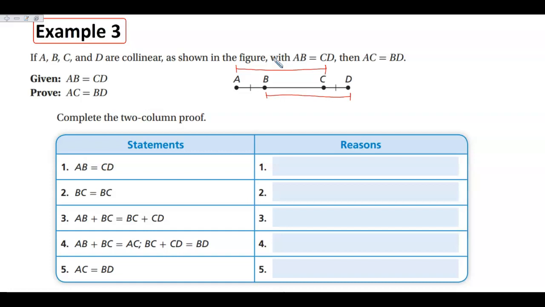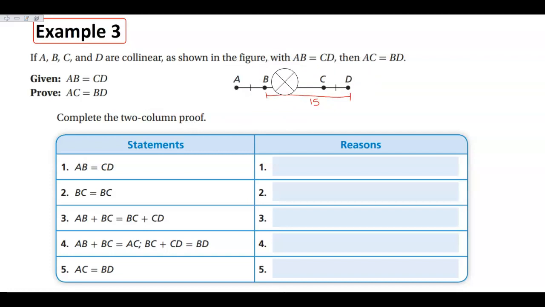But again, the numbers do not need to go on your paper. If I say this is 5, I know that this is 5, right? If I say that this is 10, well, if I look at AC, AC is going to be 5 plus 10, which is 15. If I look at BD, BD is going to be 10 plus 5, which is also 15. So does it make sense that because BC kind of overlaps them both, that these pieces are congruent?